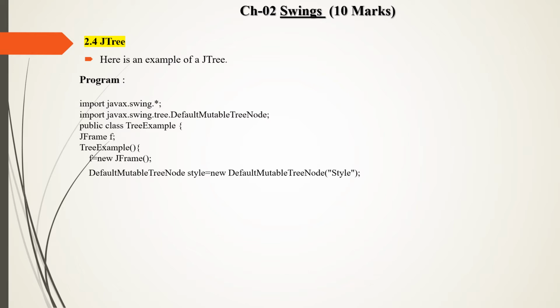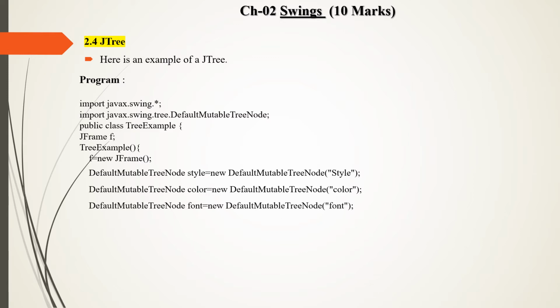Here we create one new node. Then again we create another node. We create an object of this class. color is the object of this class, and the value is color. Then we create another node, font, and the value of the node is font.